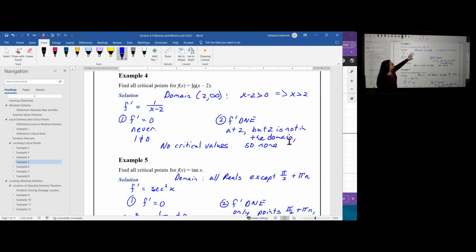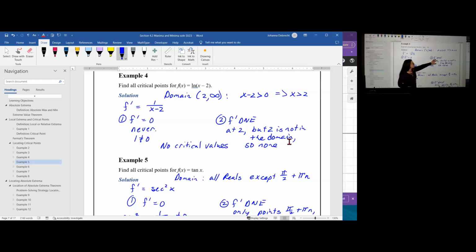When we take the derivative of natural log, we get the algebraic rational function 1 divided by x minus 2. This can never be equal to 0 because the numerator is 1. 1 is not 0, so we have no critical points from that possibility.